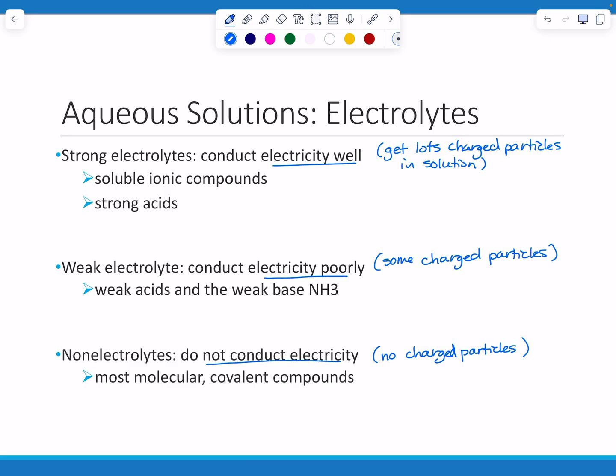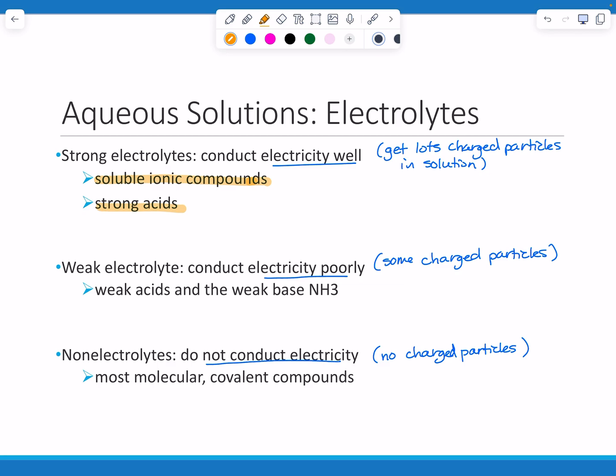Okay? So the things that we think of as strong electrolytes are going to be soluble ionic compounds, and we'll find out in a minute that not every ionic compound will dissolve in water, okay? And things that we consider strong acids, and we'll talk about what acids are in a little bit.